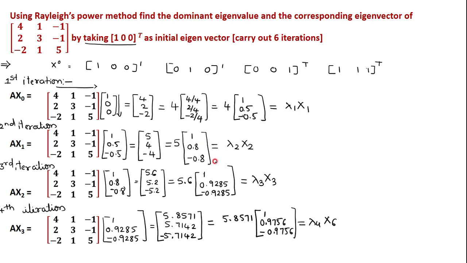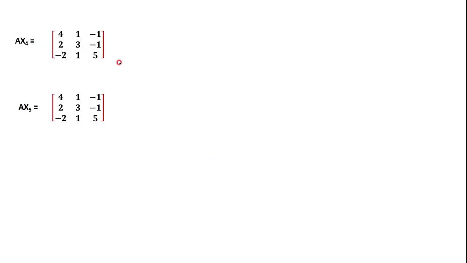These iterations will continue till the values of the eigenvalue converge to the exact eigenvalue. Since in this problem they have asked you to carry out 6 iterations, we'll take 2 more iterations. Multiply A with x4, that is multiplying A with 1, 0.9756, minus 0.9756.